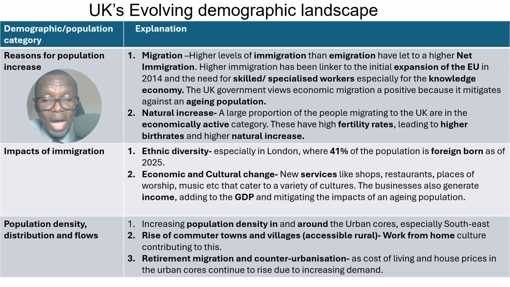Then we also have the rise of commuter towns and villages. Now these here are considered to be the accessible rural areas. These are areas that are outside the urban cores, but where people choose to move to rather.